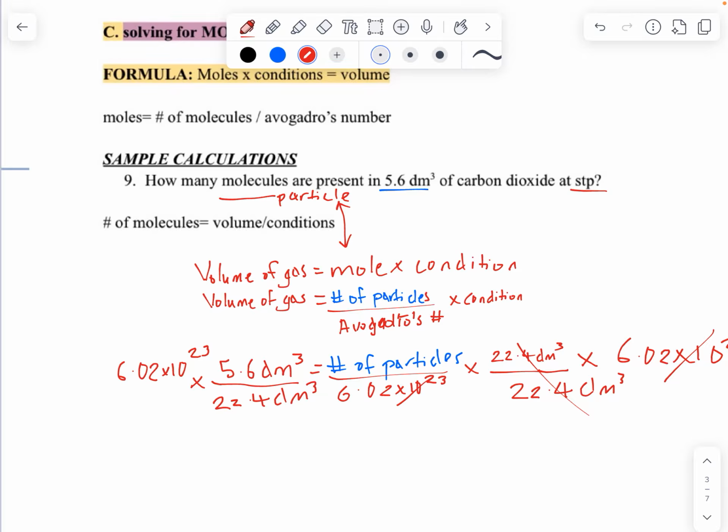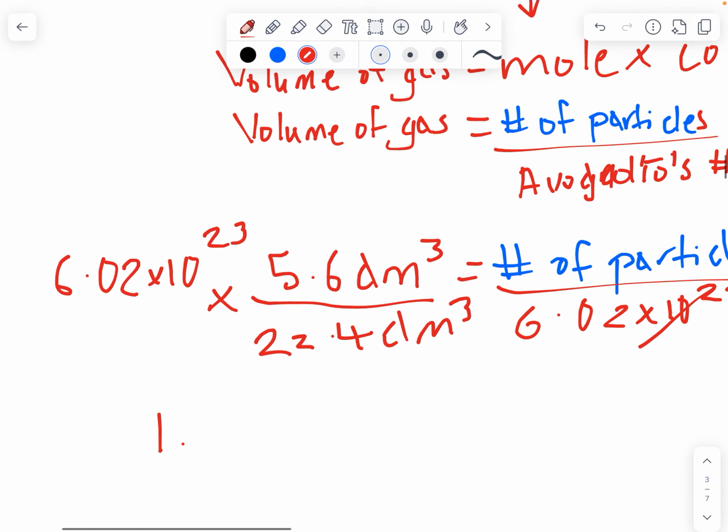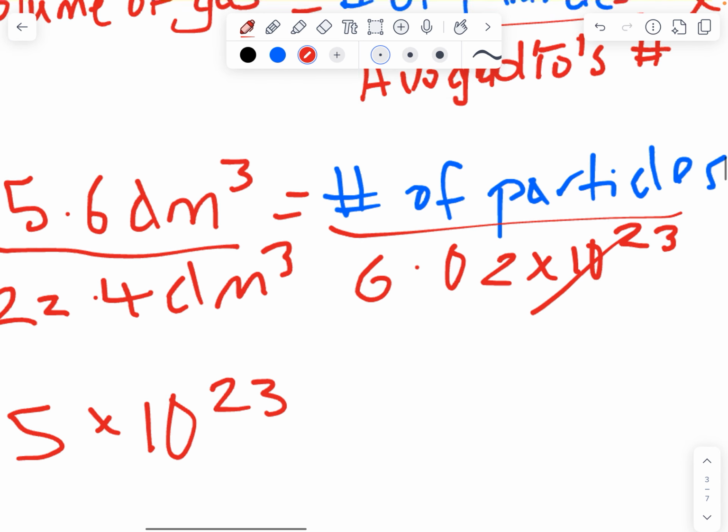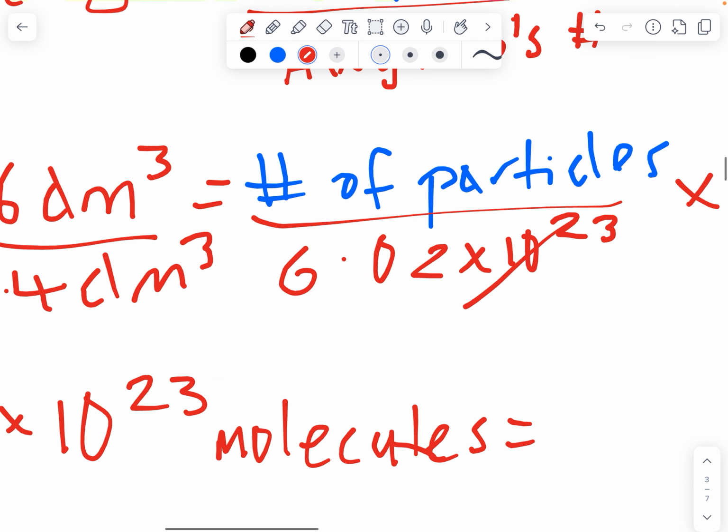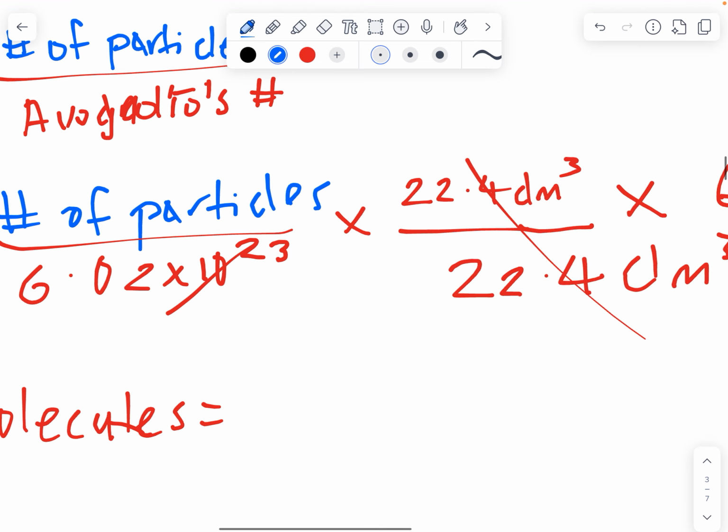The answer that I get is 1.505 times 10 to the 23rd. And since we're solving for a number of molecules, we're going to use molecules as a unit: molecules, which is equal to our number of particles.